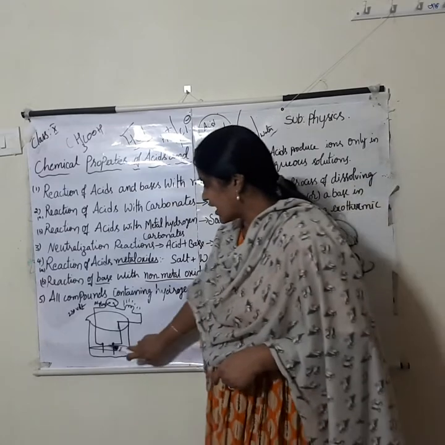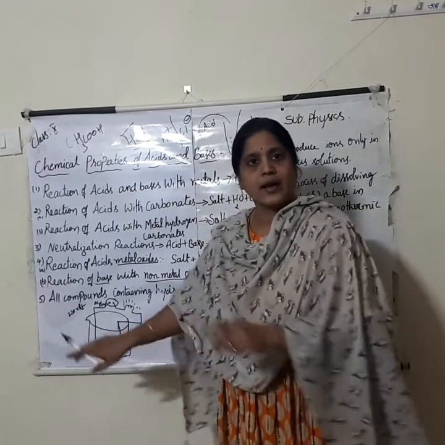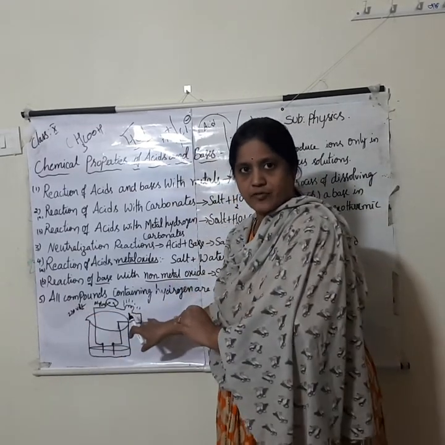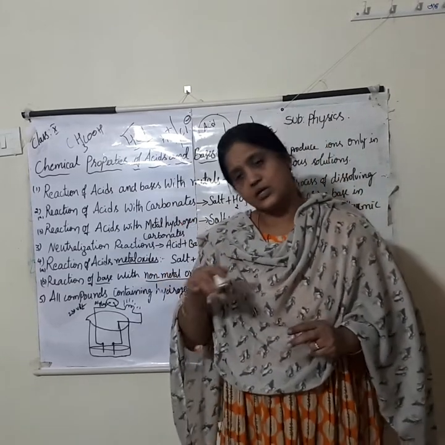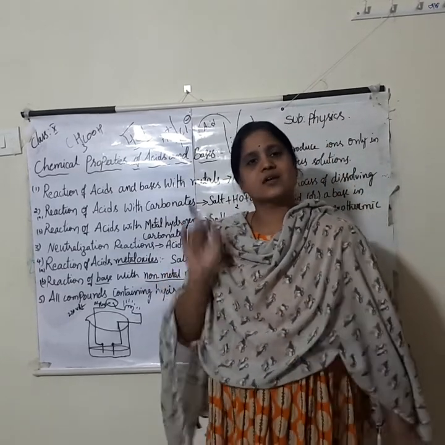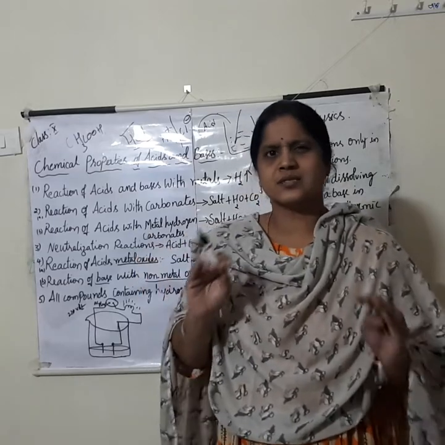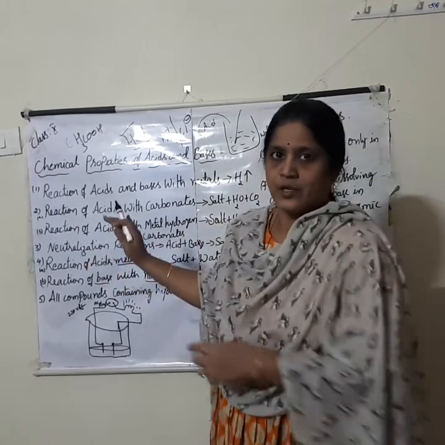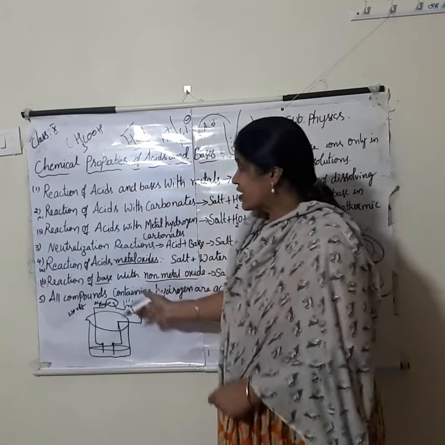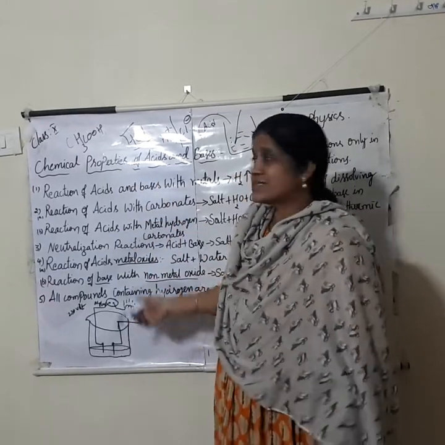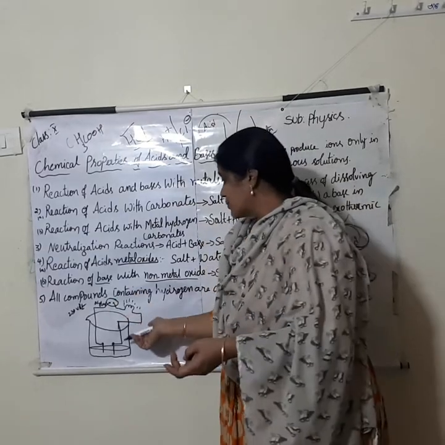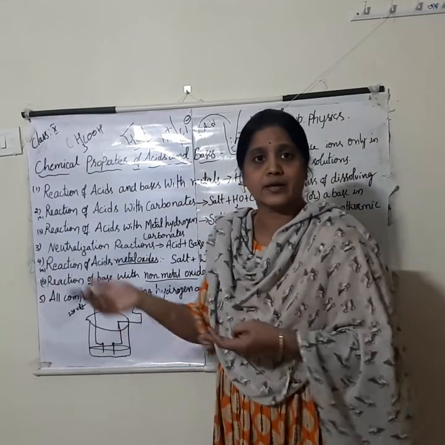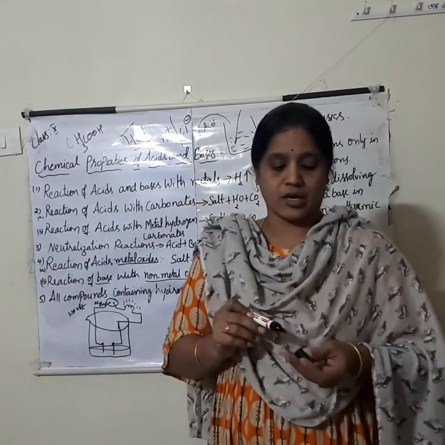When you take the weak acid in this beaker, and again do this activity and observe, the bulb glows, but it does not glow brightly. Means it glows dim. So why is there a difference in these two? Already I said it is a strong acid and it is a weak acid. So by this activity we came to know that it is strong and it is weak.